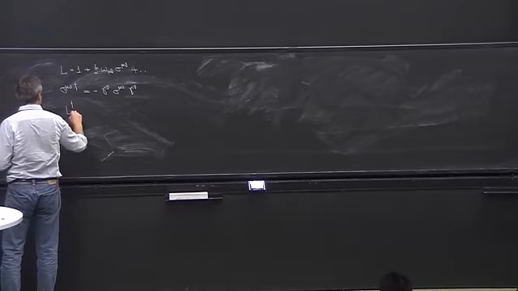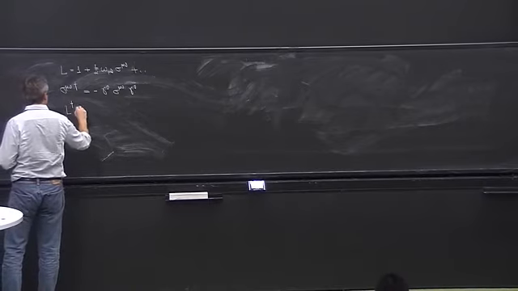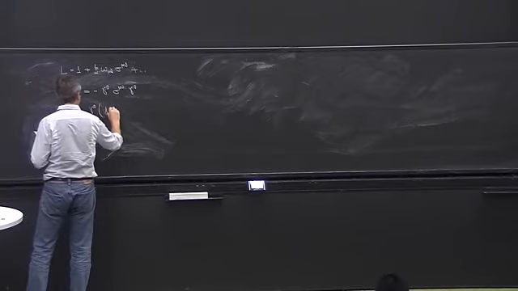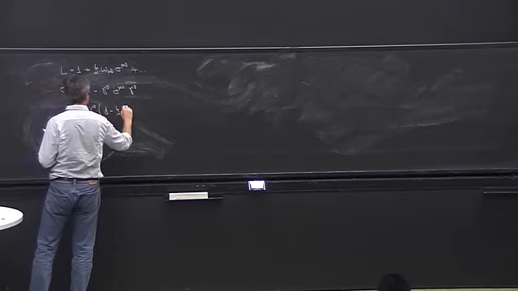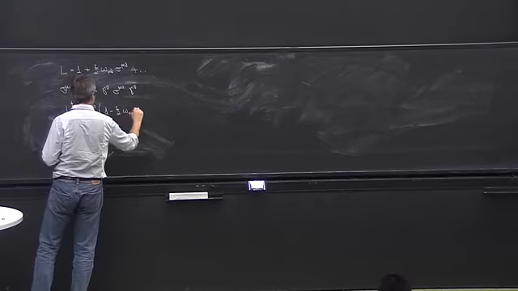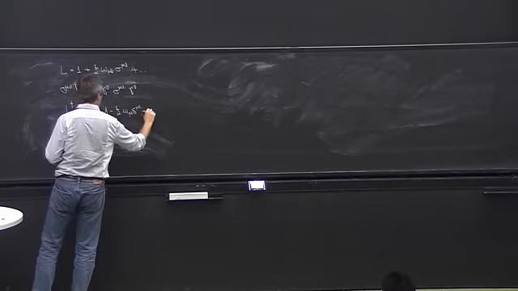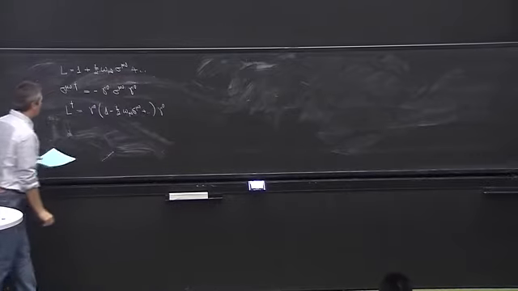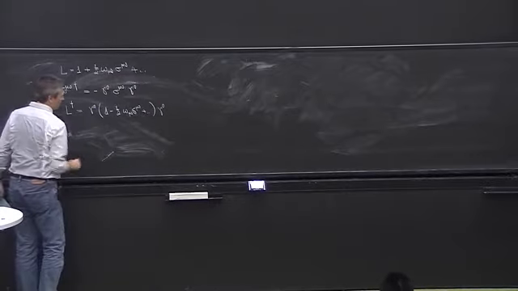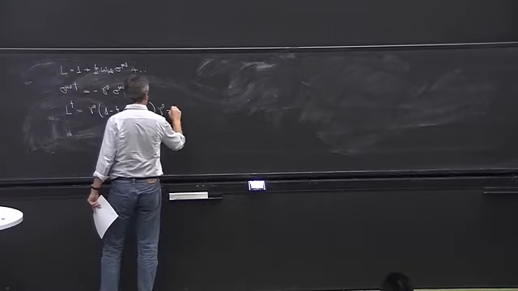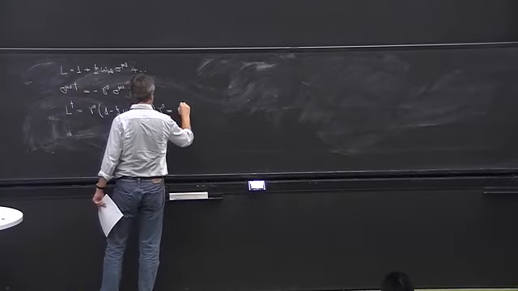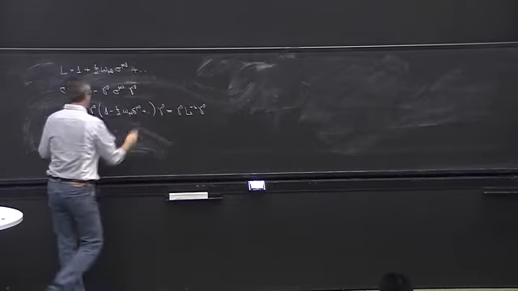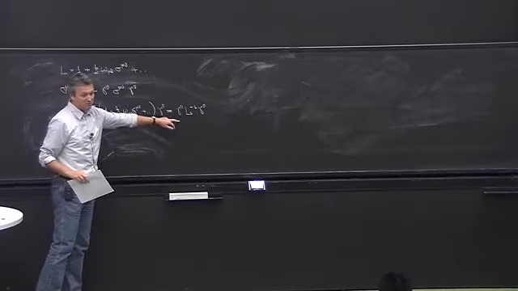So the conjugate of L will be equal to gamma 0 times 1 minus 1/2 omega mu nu sigma mu nu plus etc. times gamma 0. And so you see that the linear part changes sign. And in fact, the whole thing combines into the inverse matrix.